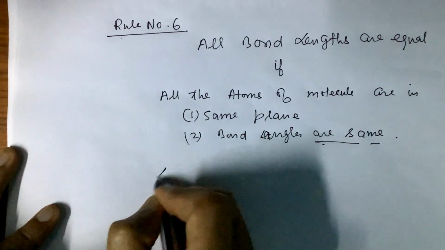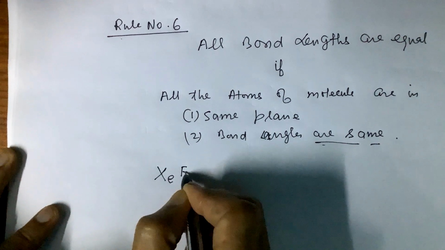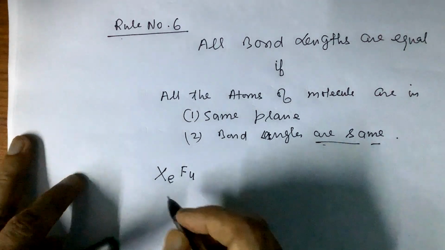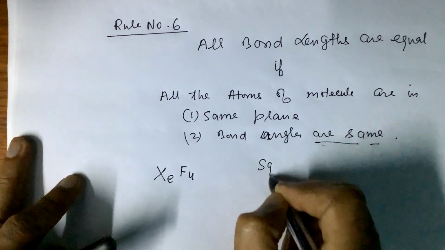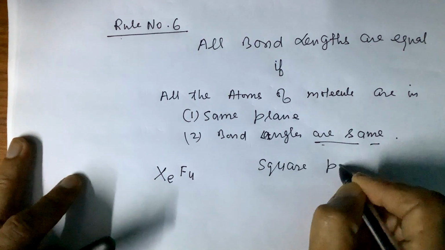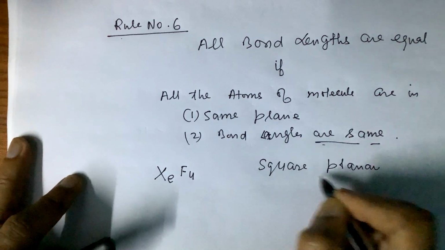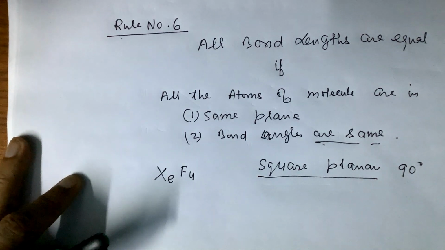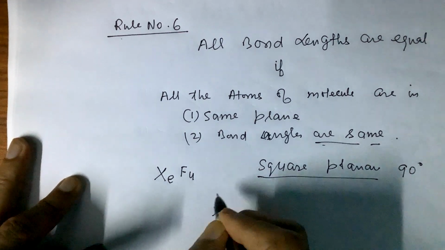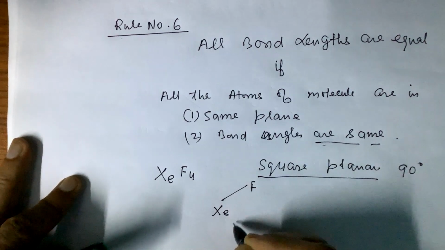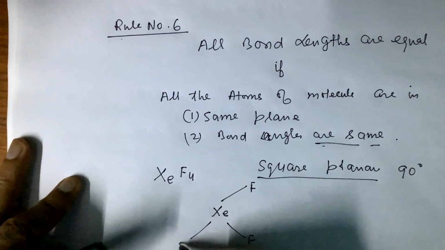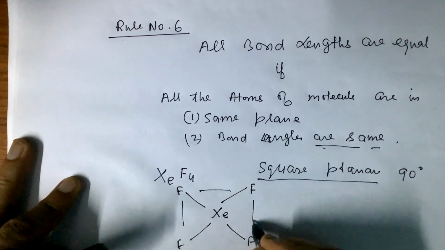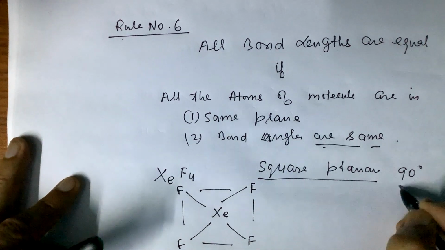Look, here it is XeF4. This is the example of the molecule. Here it is square planar with all the bond angles 90 degrees. It is Xe, then F, F, F and F. This is a square planar molecule with all the angles 90 degrees.